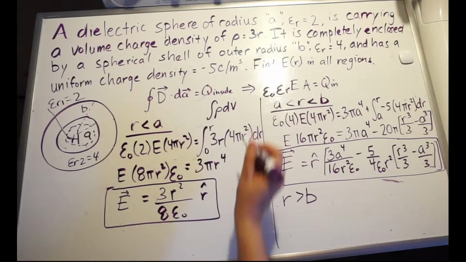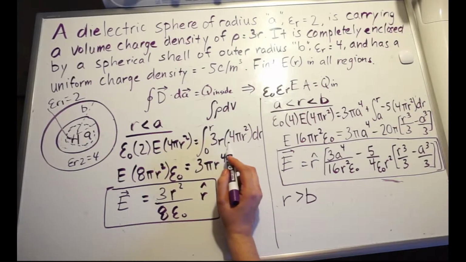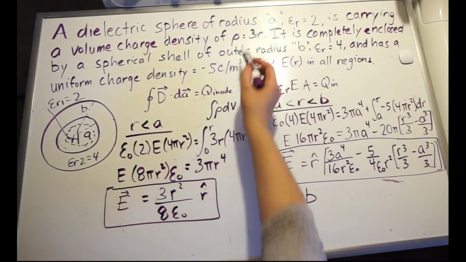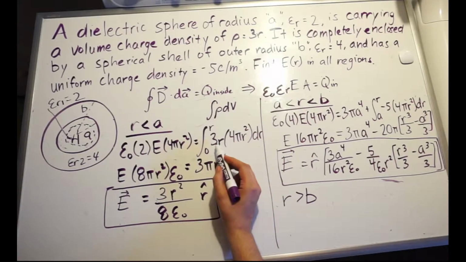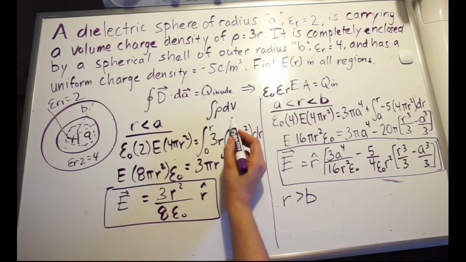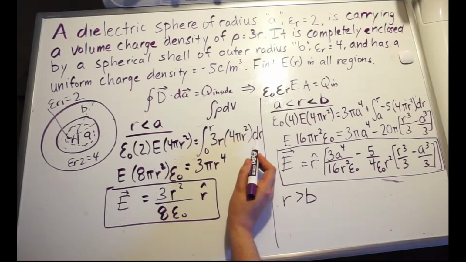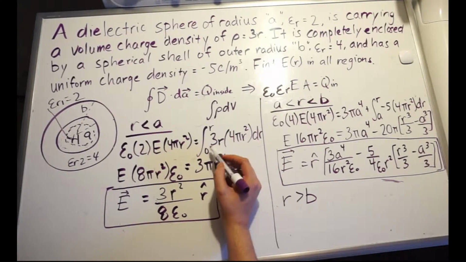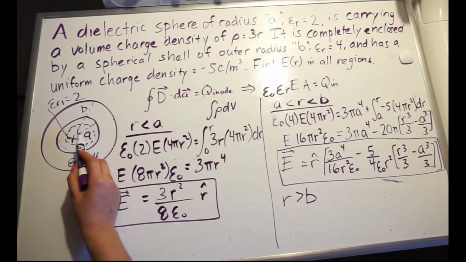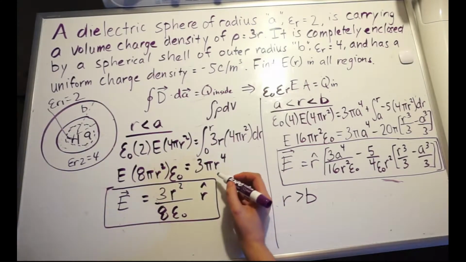Here dV is just the surface area times the change in radius, so it is surface area times dr. Rho, as stated earlier, is 3r, and dV is 4 pi r squared dr. We take that integral from 0 to r because that's how big our Gauss surface is.